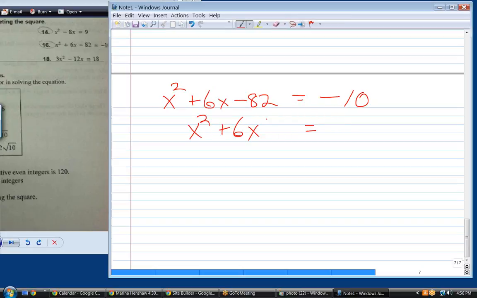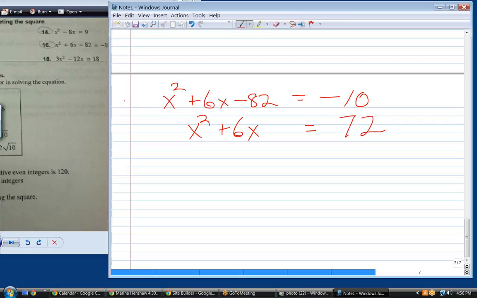First of all, let's finish the equation. In other words, the first step was to add 82 to both sides of the equation. So I still need to add it to the right side. Negative 10 plus 82, which is? 72. Okay, so now we're here.